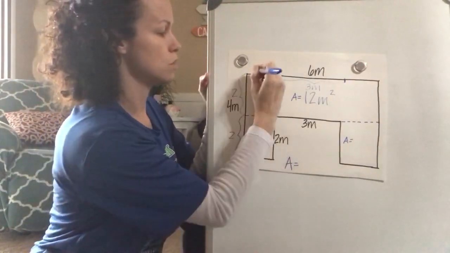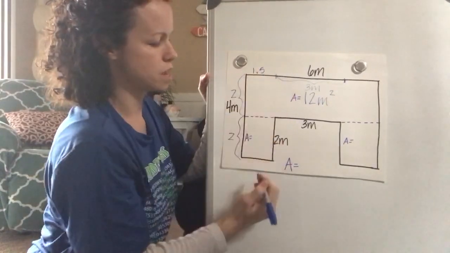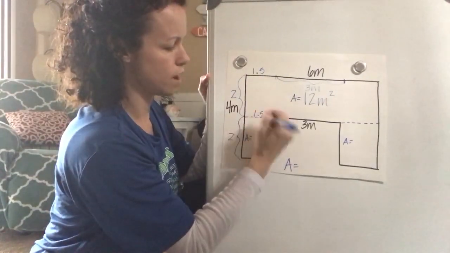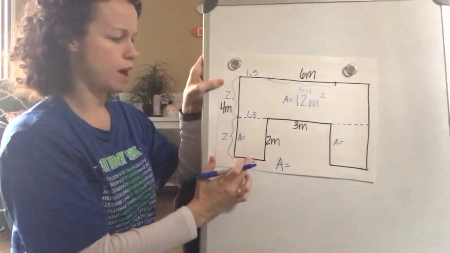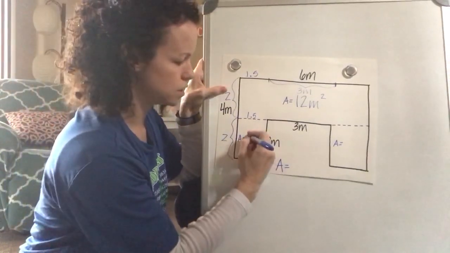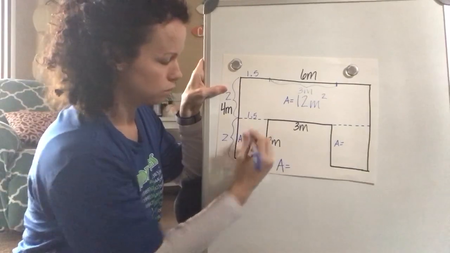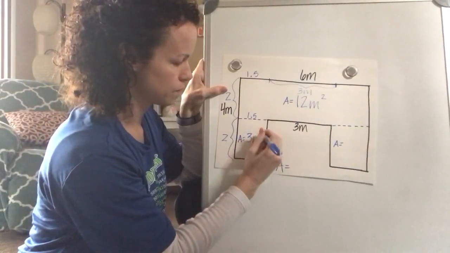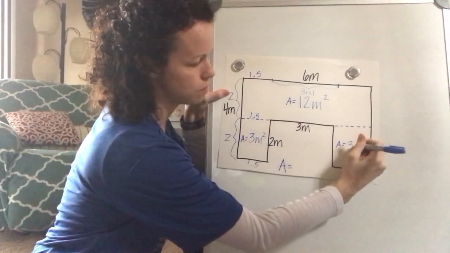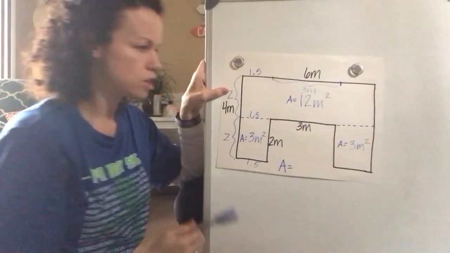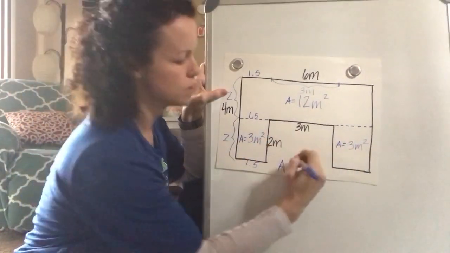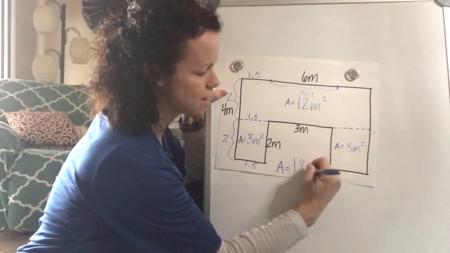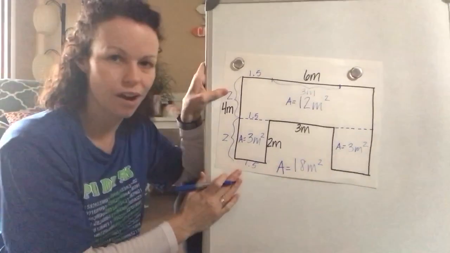So this was 1.5, which means these down here are 1.5 as well. So for this, we're doing 1.5 times 2, which is 3 meters squared. And over here, same thing, 3 meters squared. So we have 3 plus 12 plus 3, which once again gives us our 18 meters squared.